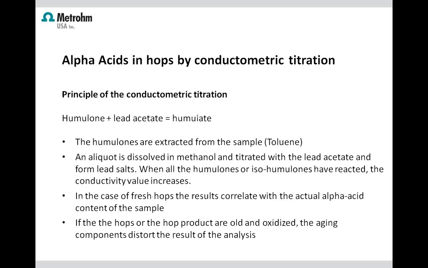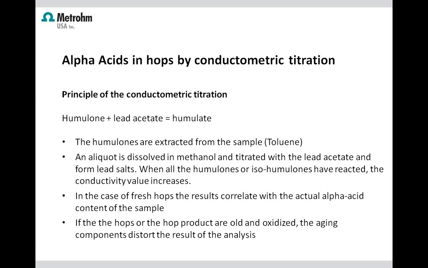So here's just the principle of the conductivity titration. You have a combination of humulone, which is one of the two alpha acids, plus lead acetate, which creates lead humulate. And it's very, very simple. You do an extraction from the sample of the humulones, and that's typically done with toluene. And you have an aliquot of this extract that's dissolved in methanol. You titrate it with the lead acetate, and this forms lead salt.